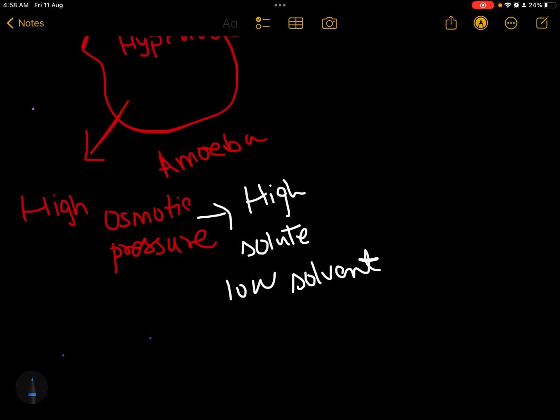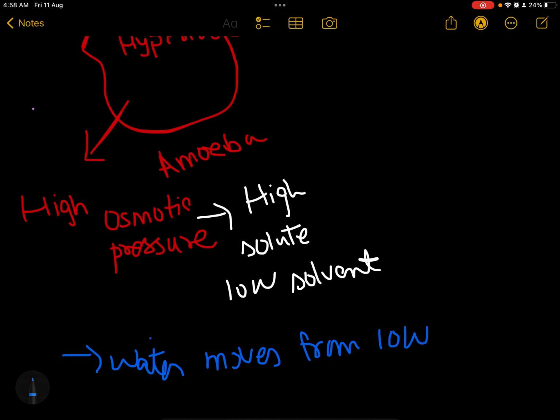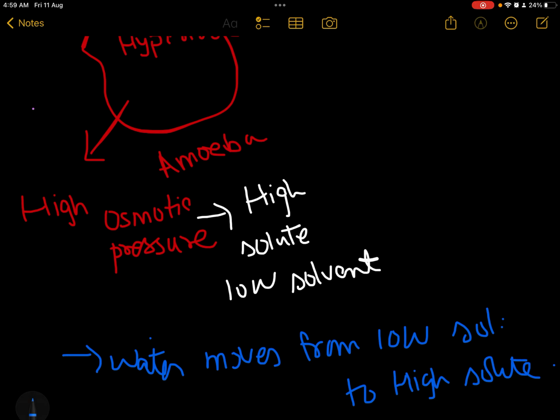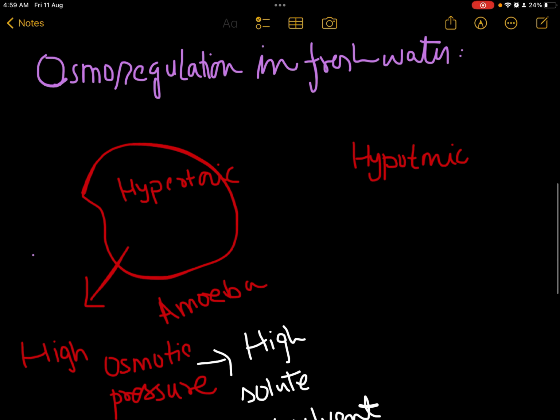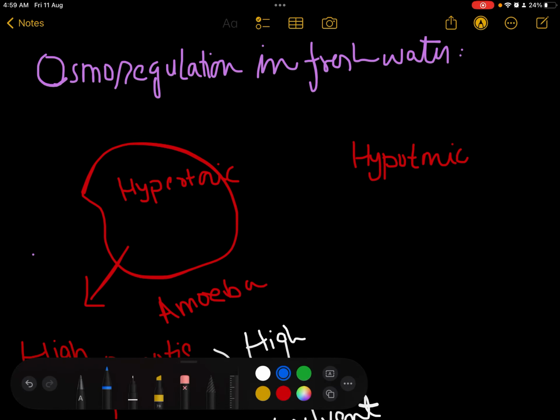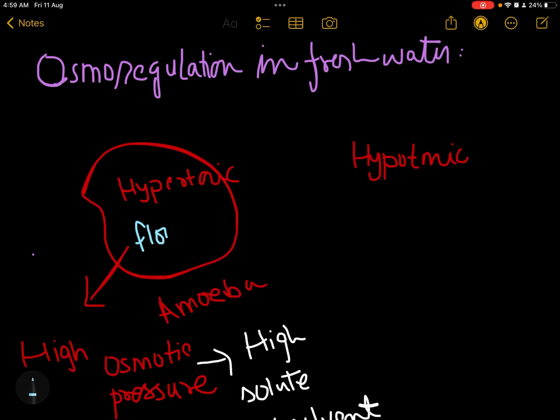We know that water moves from low solute concentration to high solute concentration, right? So it means this amoeba will feel flooding. The water will come inside.